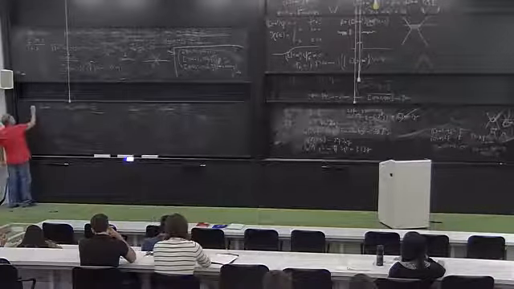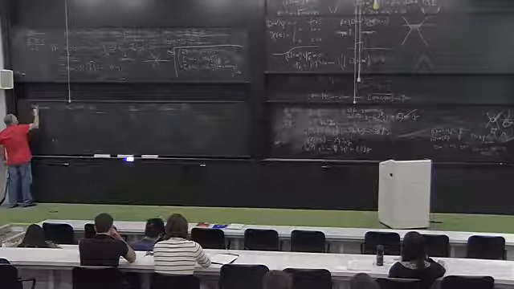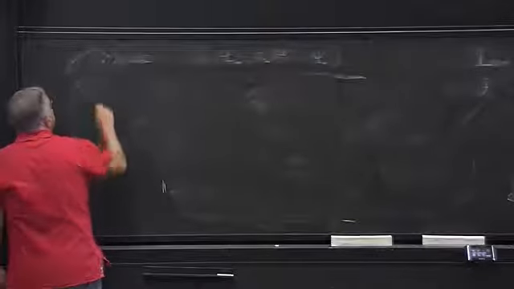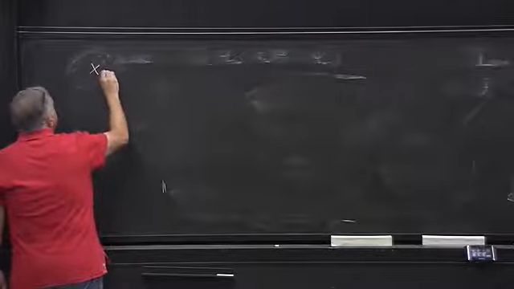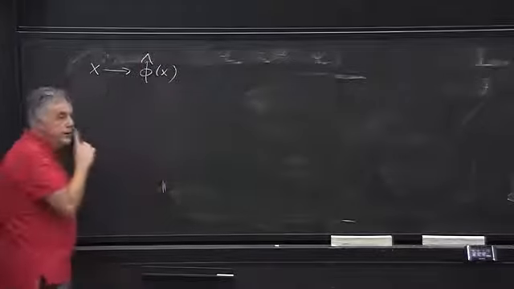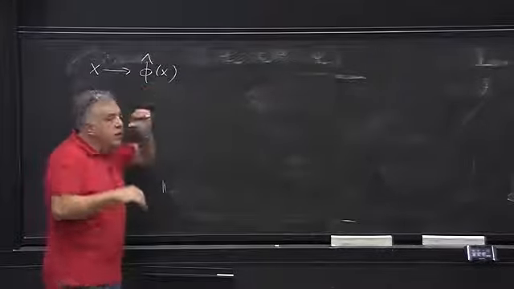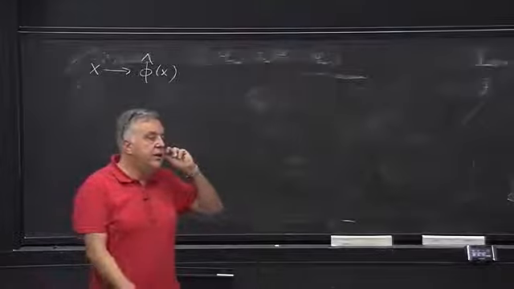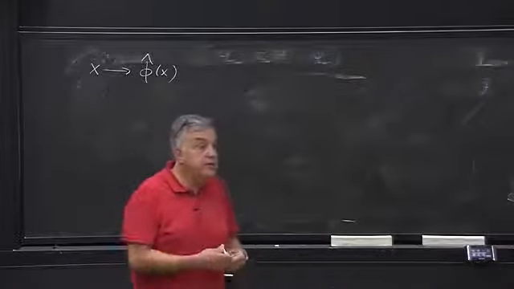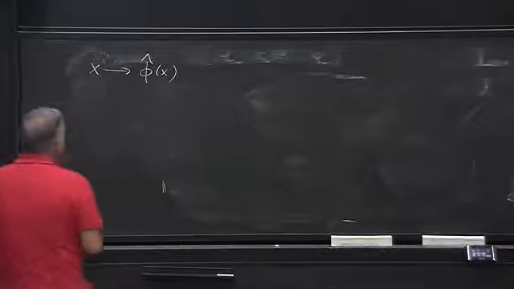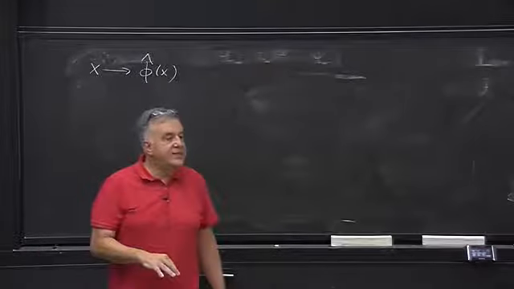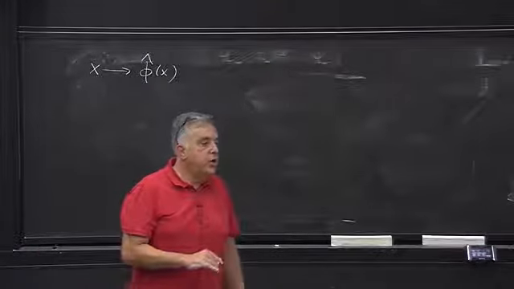But first, I would like to show why, when you want to quantize a field, and I use this hat, or maybe I don't use it, you understand from the context that I'm speaking of something which is an operator in a Hilbert space, why this object cannot exist as such. Why are quantum fields singular objects? Okay.